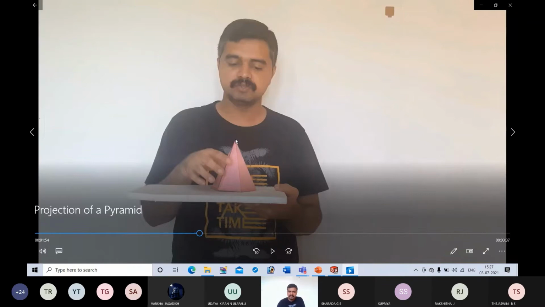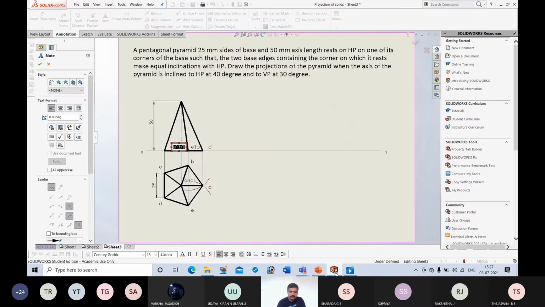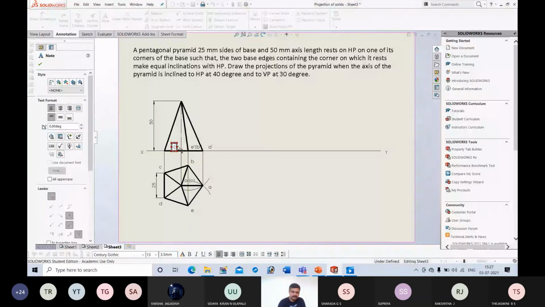Okay, so that's why that should be inside the bracket. Whereas apex, now you are able to see the apex. It is visible from front, whereas center of base, it is invisible. So center of base will be invisible, inside the brackets, O dash.